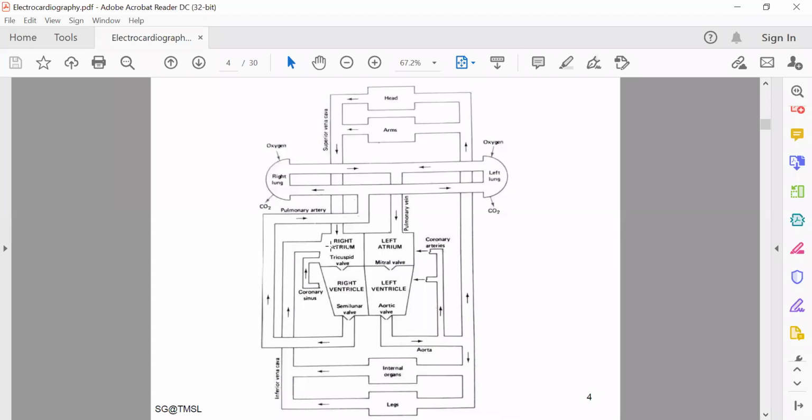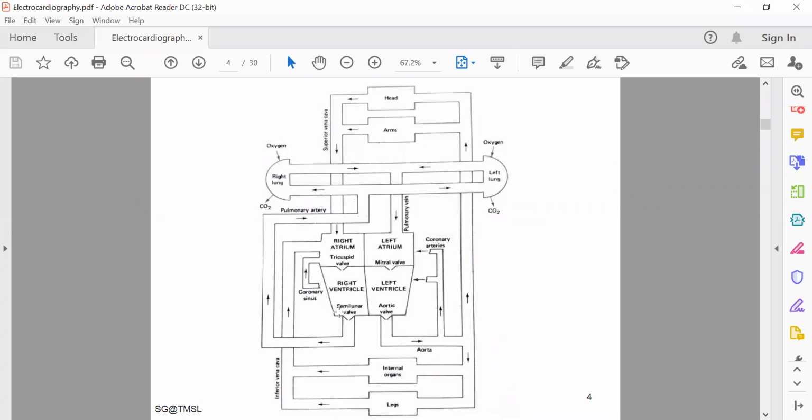In addition to these two veins, the coronary sinus also empties into the right atrium. The coronary sinus contains the blood that has been circulating through the heart via the coronary loop. When the right atrium is full, it contracts and forces blood through the tricuspid valve into the right ventricle.